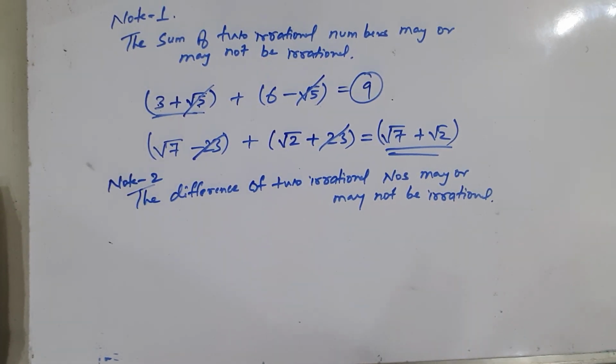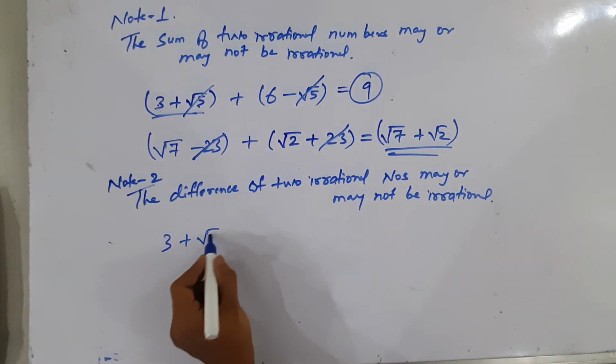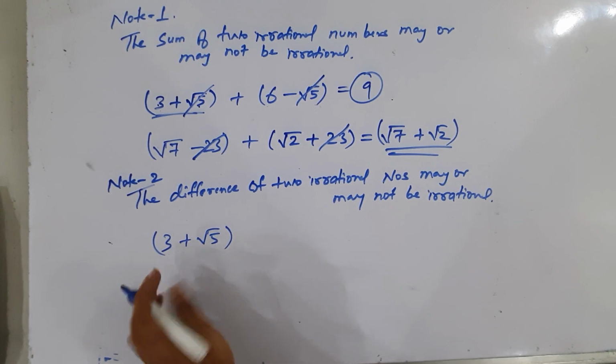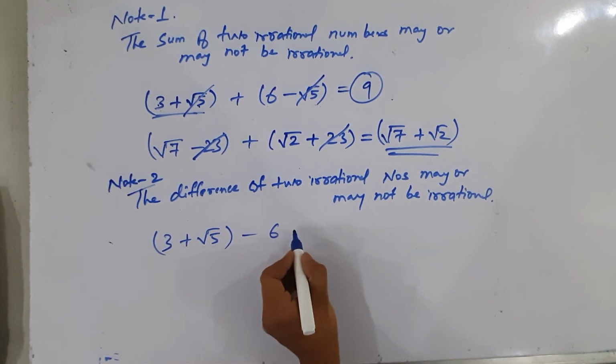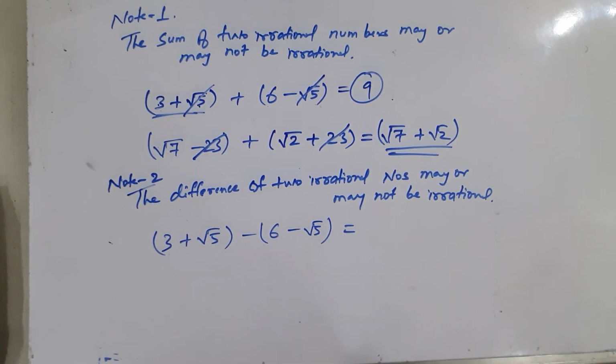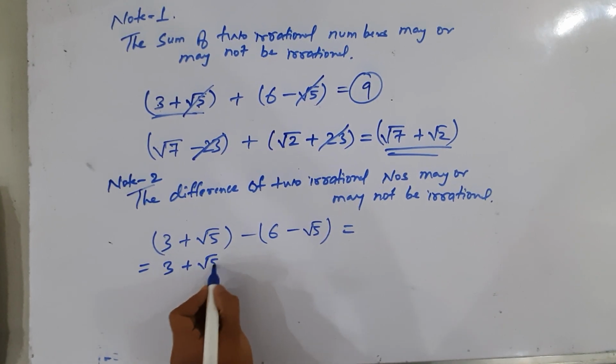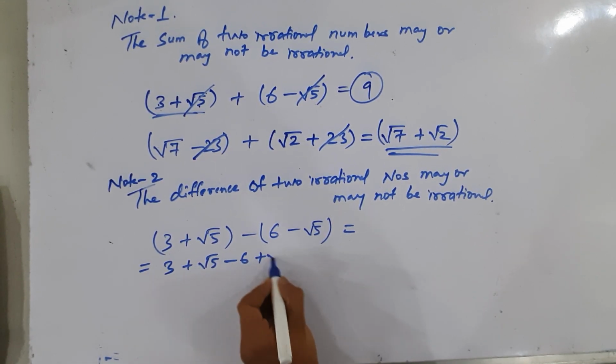If we take the same example, 3 plus root 5, this is irrational, and we subtract 6 minus root 5. So what we obtain is 3 plus root 5 minus 6 plus root 5.